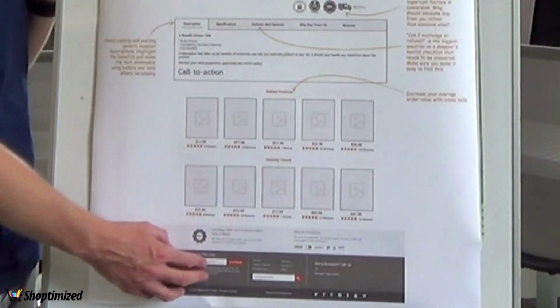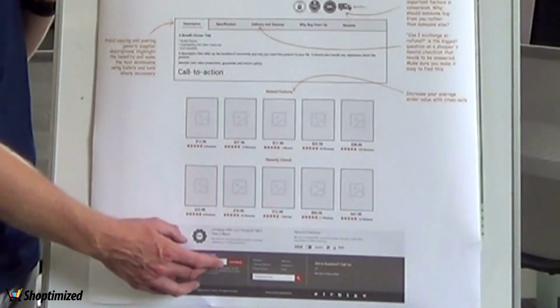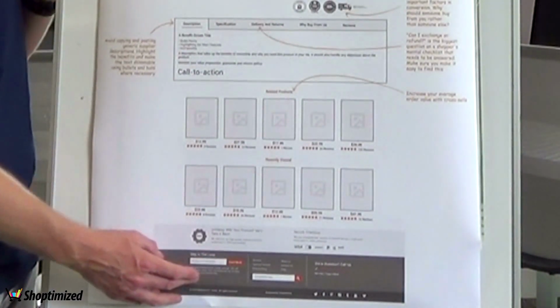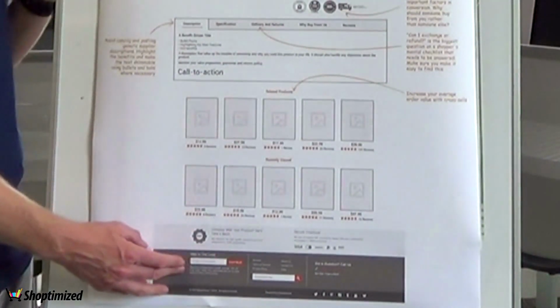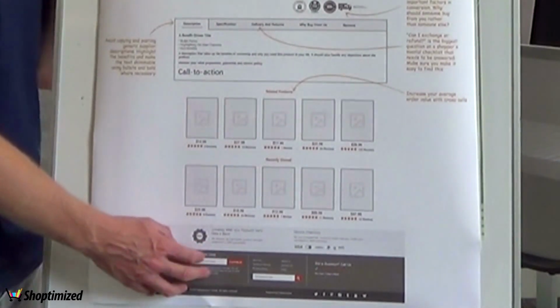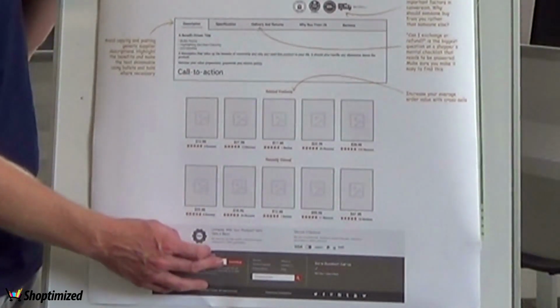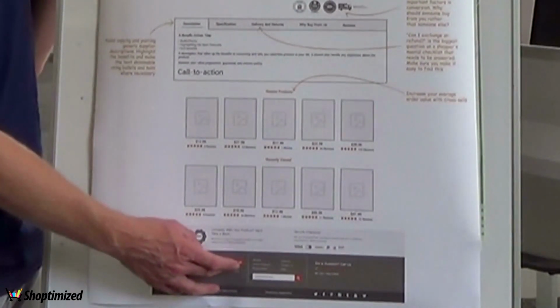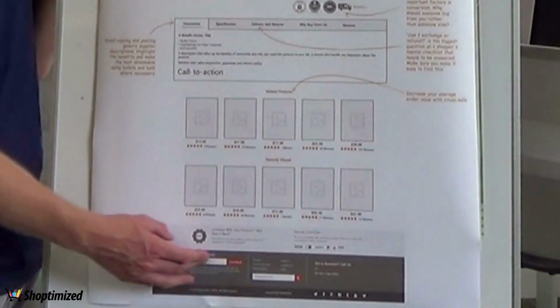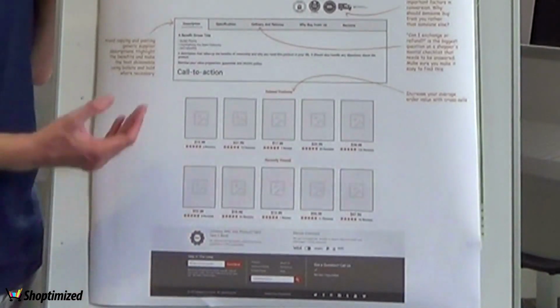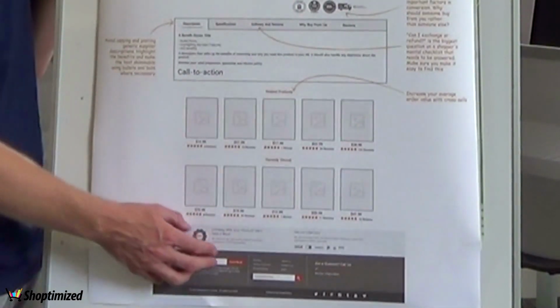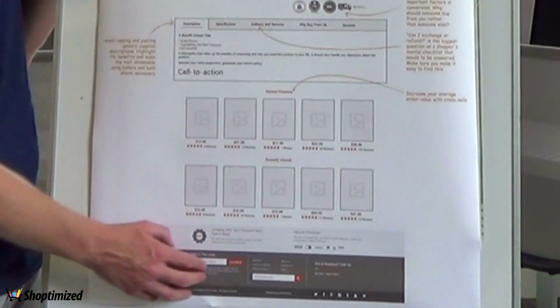Because people like being the first to know. It plays into their kind of status, human emotion, core human emotions, greed, status, fear, all those things that motivate people to buy, okay? And then the call to action on it doesn't just say submit, it says count me in, again. So we're trying to get people to take action and compel them to do it.